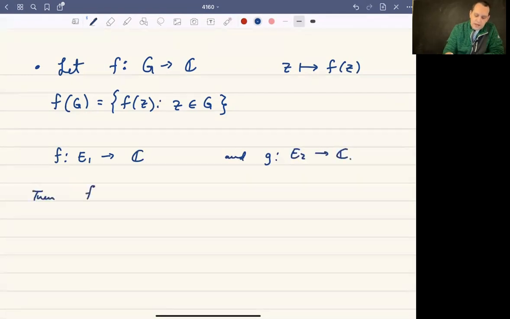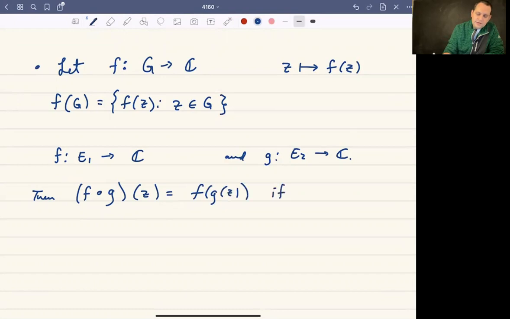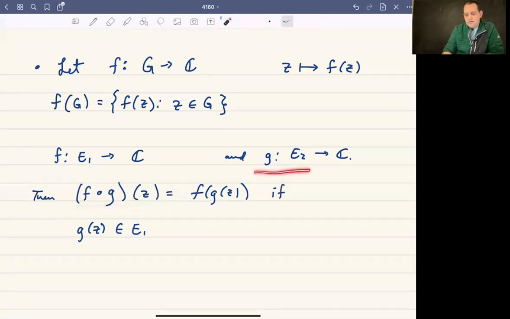Then f composed with g is defined as f of g of z. And that's going to make sense if g of z is in the domain of f. So in other words, f composed with g makes sense as a function if the image of g, so if g of E2, is a subset of the domain of f, or E1.